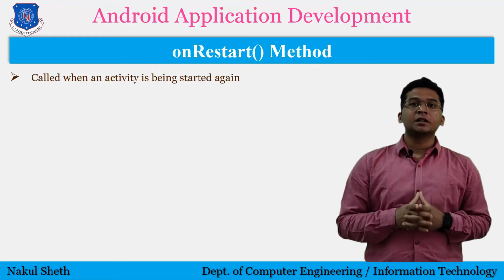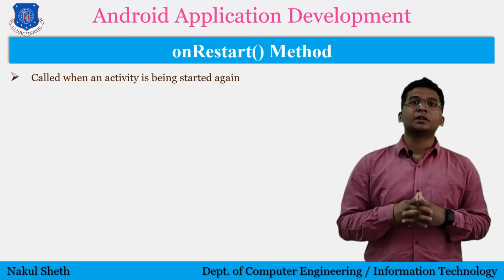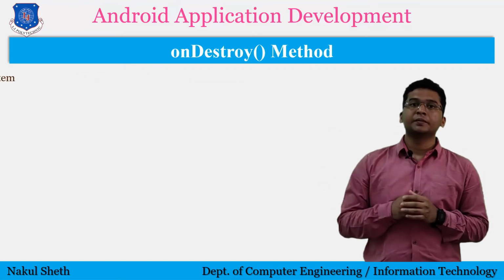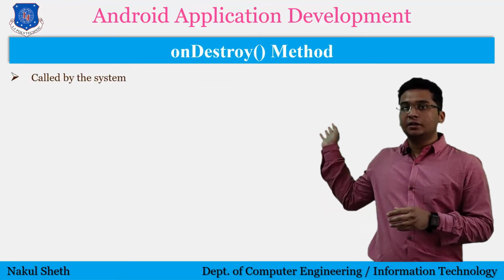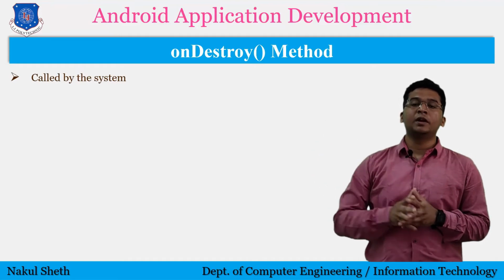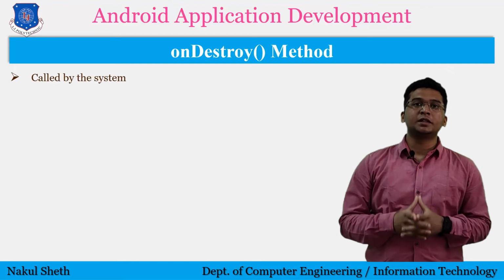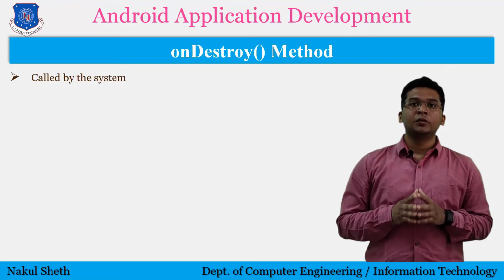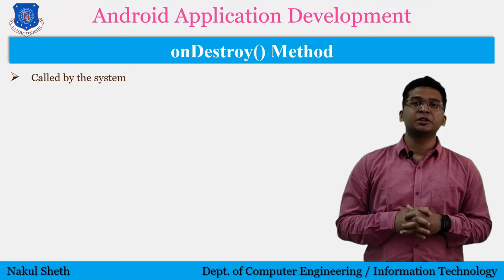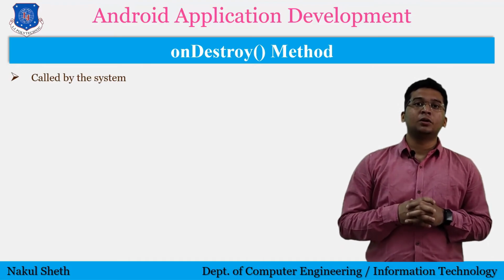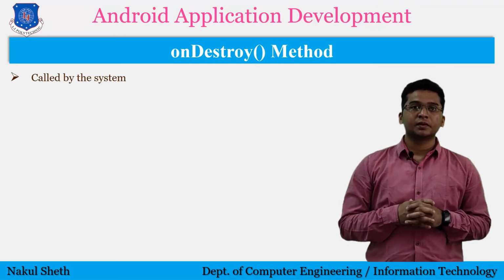And at last we have the method onDestroy. The onDestroy method will be called when an activity is destroyed by the system, or we can say when your application crashes because of some exception or error, the system will call onDestroy.